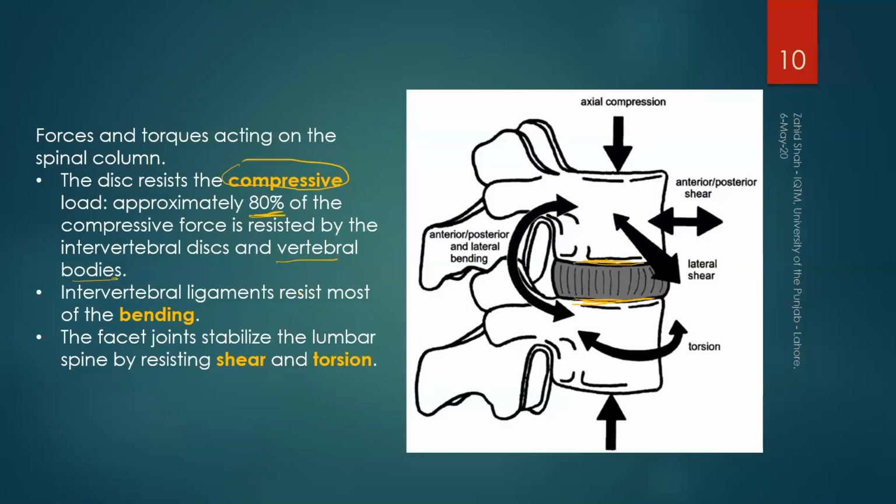Intervertebral ligaments and muscles resist most of the bending, and facet joints stabilize the lumbar spine by resisting shear and torsion. So you can see there are different types of forces, and your backbone as a whole is capable of resisting all of them, either compressive, shear or torsional, and of course the resistive forces as well.